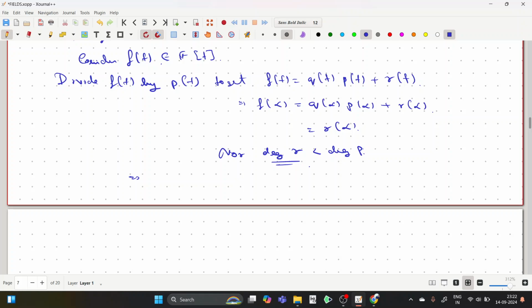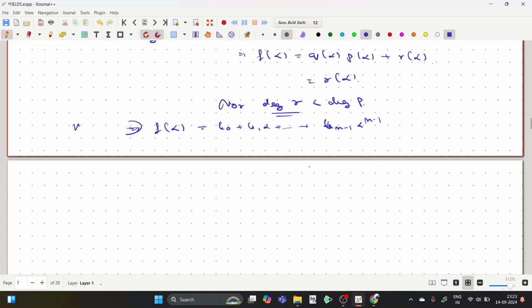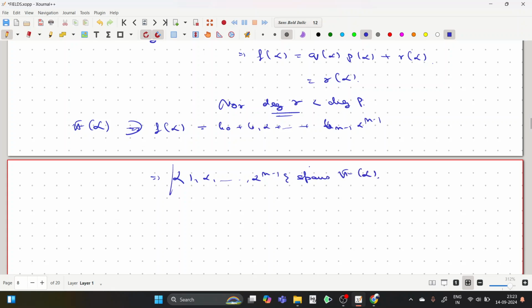This implies that f of alpha is of this form, say b0 plus b1 alpha and so on till b_{n-1} alpha to the power n minus 1, where each bi comes from F. And this element f of alpha is coming from F round bracket alpha, which eventually means that the elements 1, alpha, till alpha to the power n minus 1 span F of alpha, right?